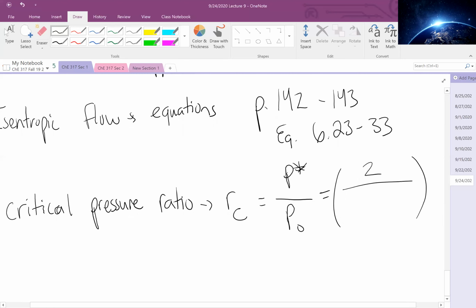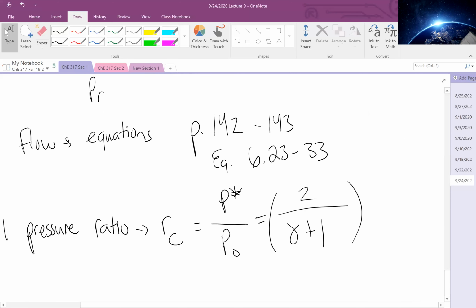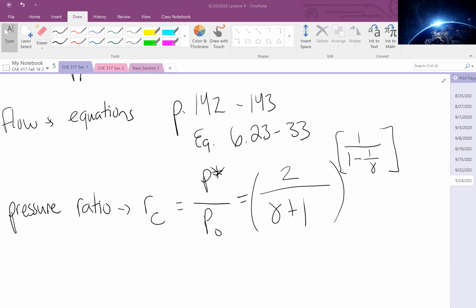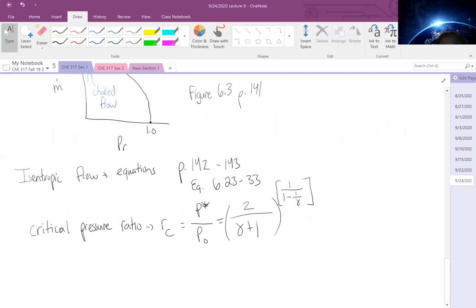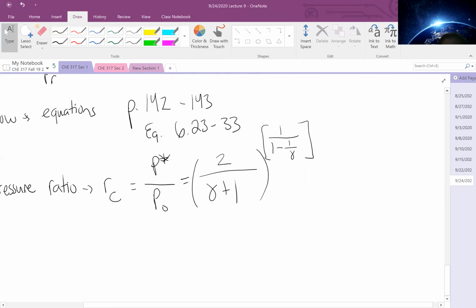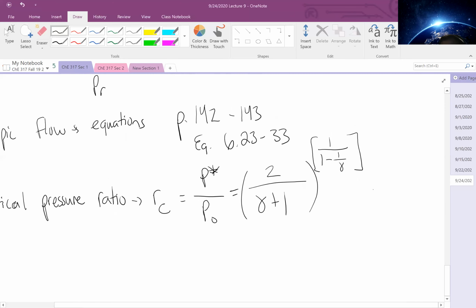And we can quantify it by the expression 2 over gamma plus 1 to the power of 1 over 1 minus 1 over gamma. And this is equation 6.29.